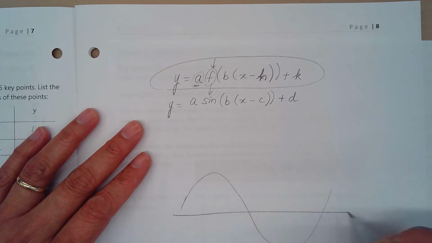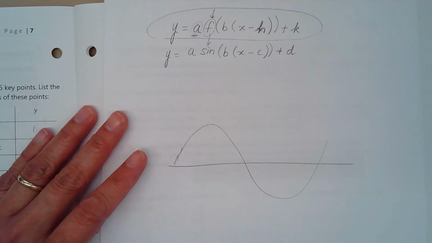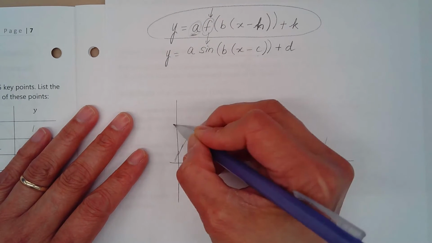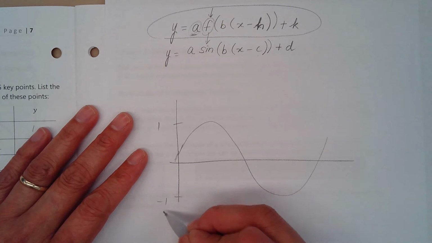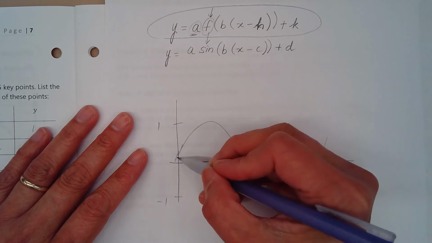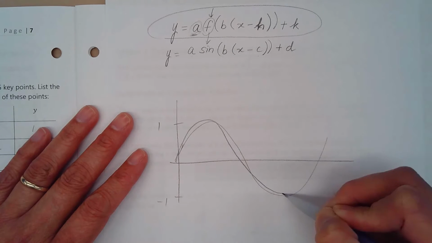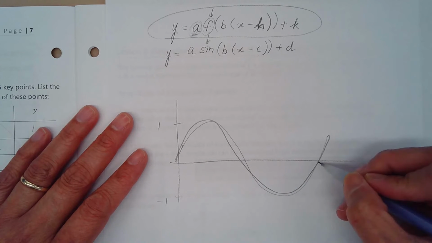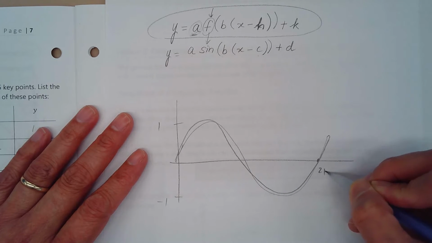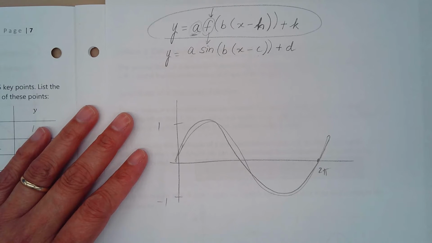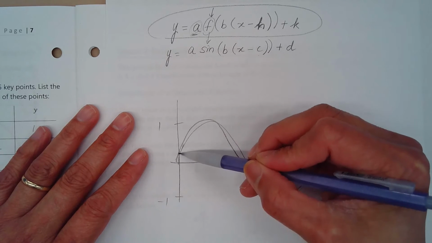This is what the sine function looks like. Somewhat like that. I think it's just rough sketching it. But if I stretch it by a factor of 2, what would that look like? We could stretch it.